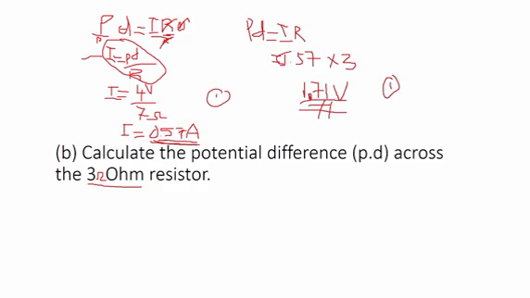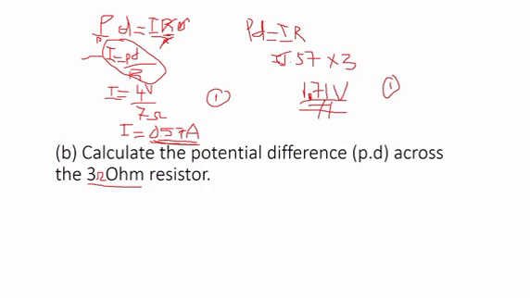The potential difference is the 4 volts they have given us in the question, and the total resistance is 7 ohms. When you divide 4 by 7, you are getting 0.57 amps or amperes. So here it was 1 mark.